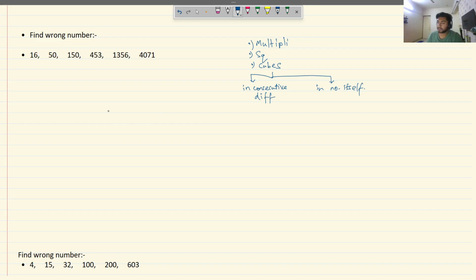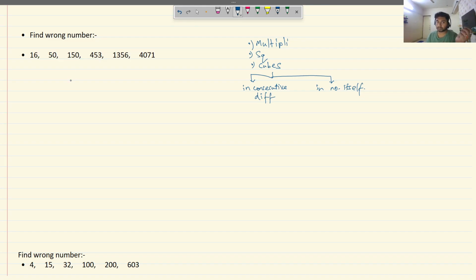We can see that 4071 is almost 3 times of 1356. And 453 is also again almost 3 times of 150, because 15 into 3 is 45, so 150 into 3 is 450.